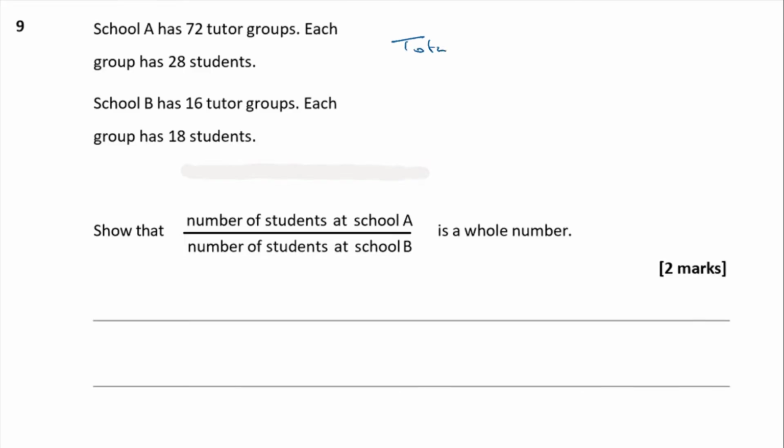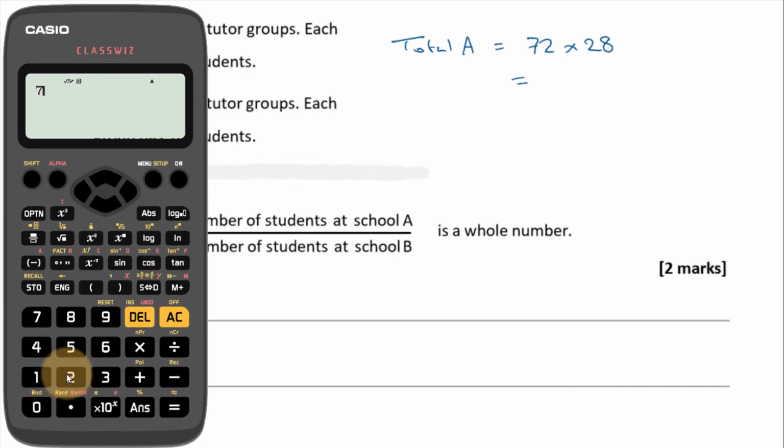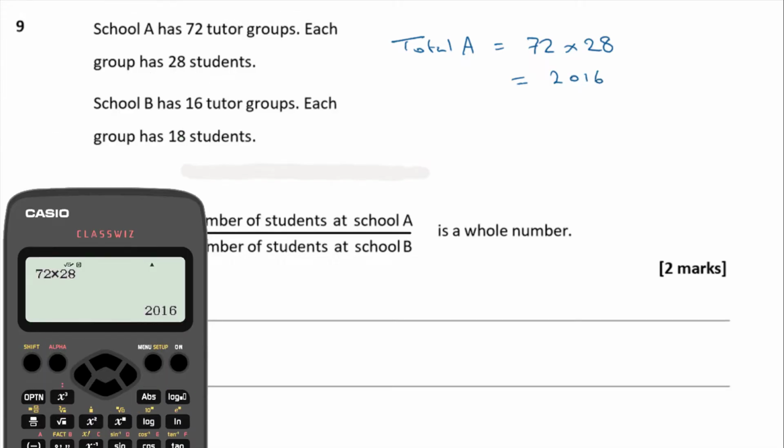So total for A, that's going to be my 72 groups multiplied by the 28 students in each group. So 72 times 28, that comes to 2016. So there's 2016 students in school A. Does that seem reasonable?